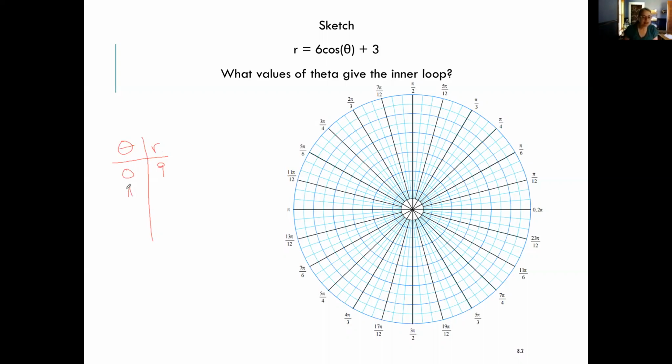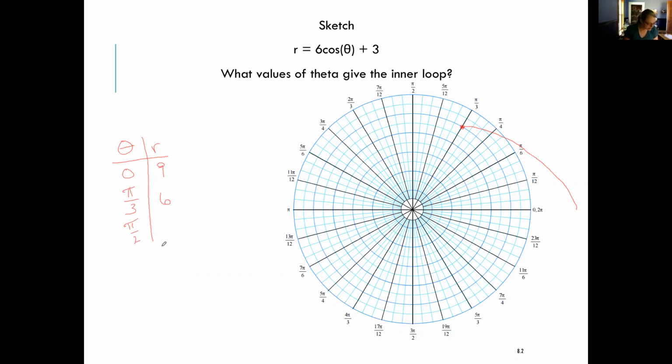If theta is pi over 3, the cosine of pi over 3 is 1/2. 6 times 1/2 is 3. Plus 3, that is 6. So 1, 2, 3, 4, 5, 6. So already I know I've come from here into here.